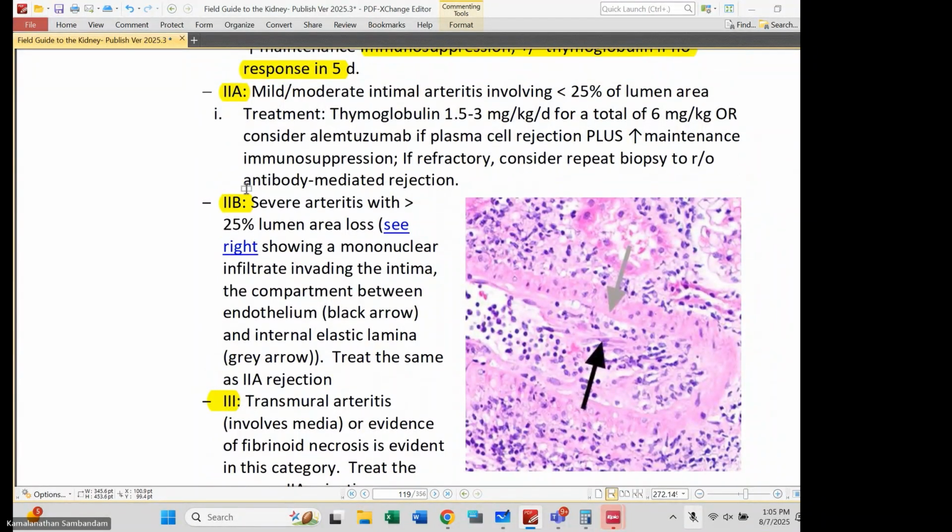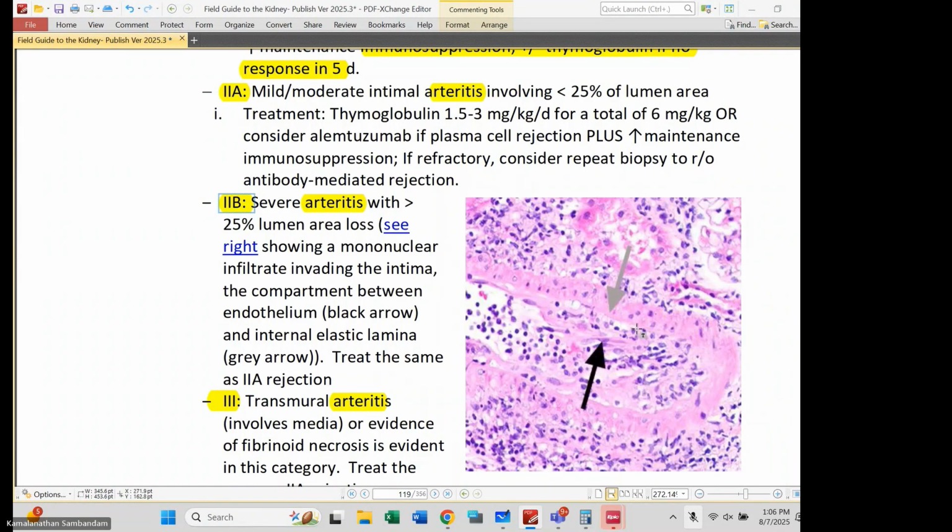The 2A, 2Bs, and 3s all involve arteritis. Once I cross the threshold of arteritis, I go from 1 to 2. A, B, and 3 are now what we have to define.